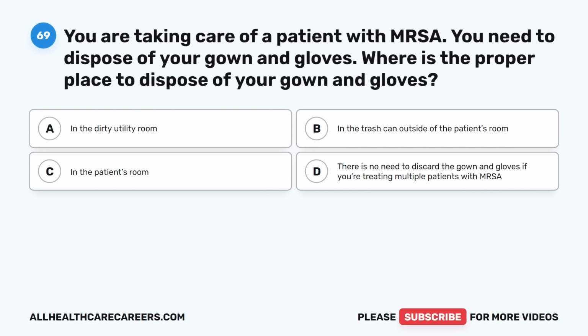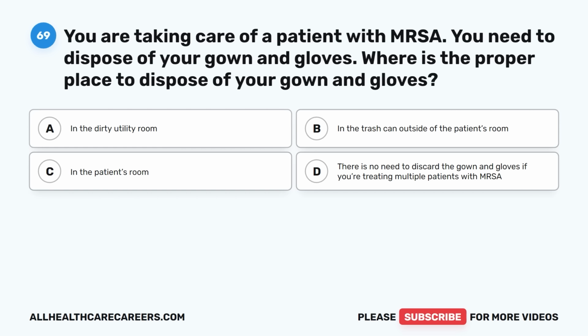Question 69. You are taking care of a patient with MRSA. You need to dispose of your gown and gloves. Where is the proper place to dispose of your gown and gloves? A. In the dirty utility room. B. In the trash can outside of the patient's room. C. In the patient's room.